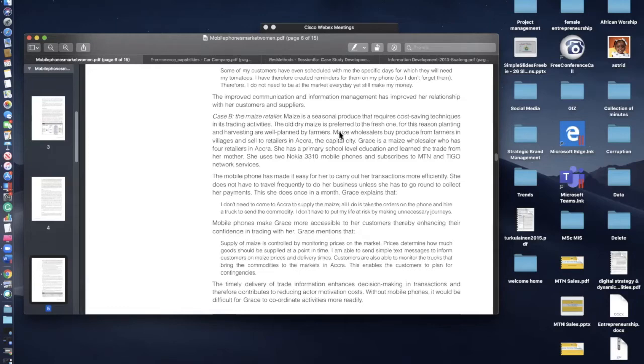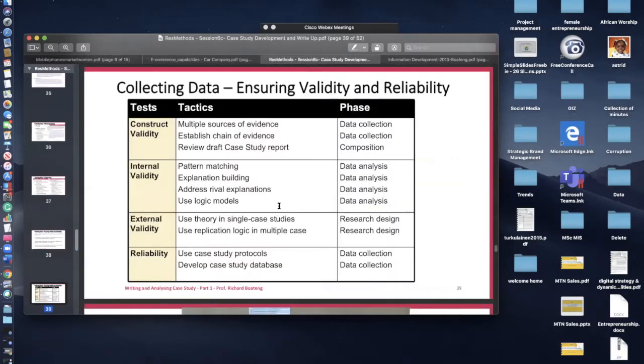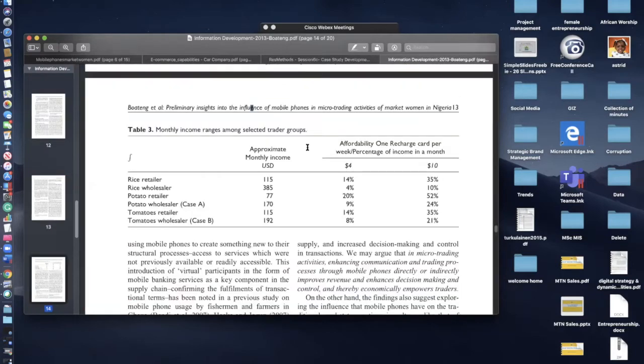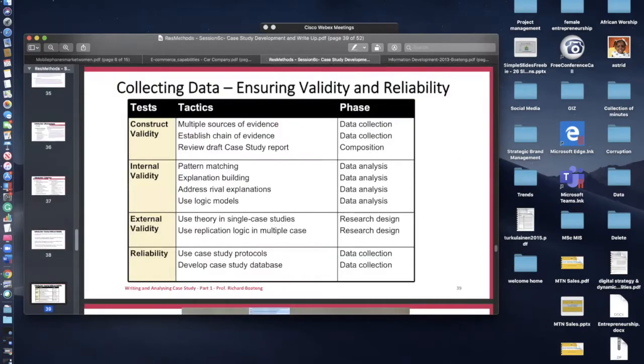So rival explanations matter. Then you also have logic models. If this is this, then it can lead to that. So you are trying to build some kind of understanding that there is a link between the occurrences, and the link between the occurrences causes other things to happen.